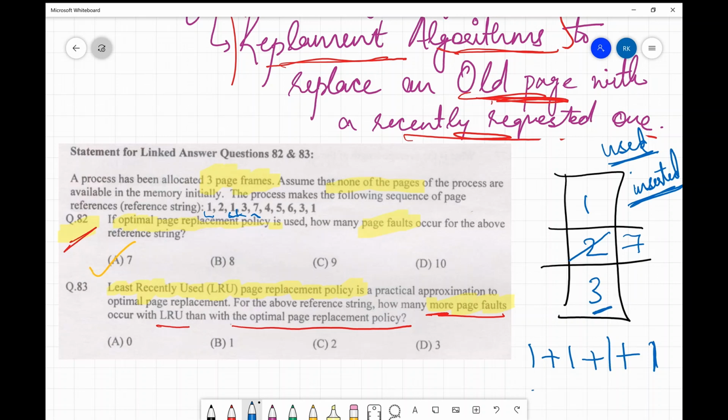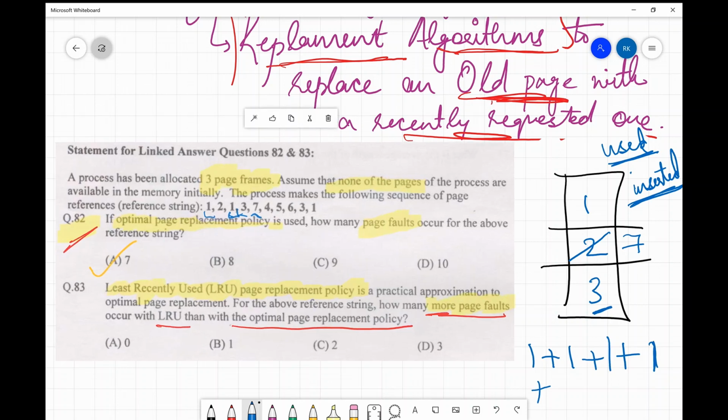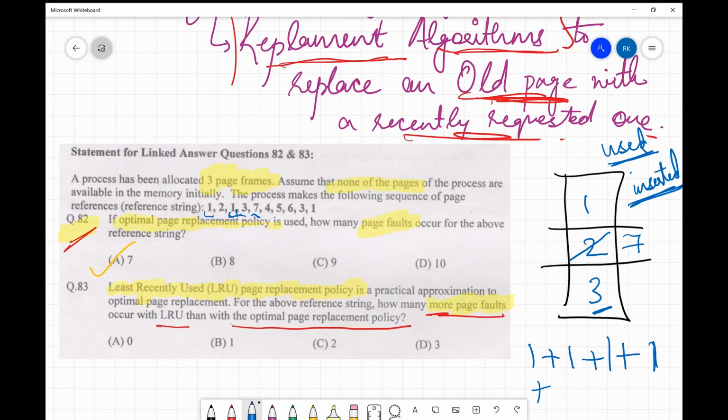Now we move to the next one, which is 4. In case of 4, what will happen? Again, we'll have to replace something. The best part to solve this question is you see in this direction now.